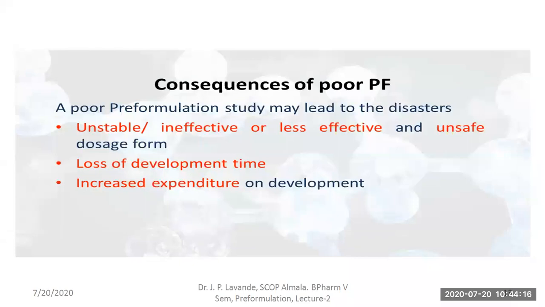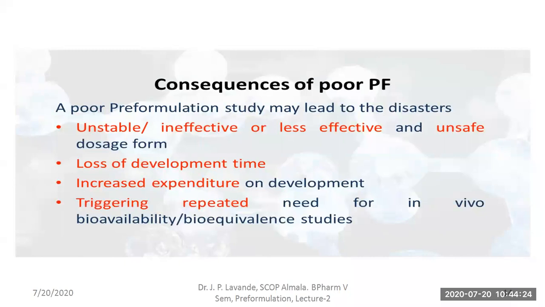And if the expenditure on the development increases, that is directly responsible for increasing the ultimate cost of the product, triggering the repeated need for in vivo bioavailability and bioequivalence studies. Correct. If the pre-formulation fails, the product fails, the dosage form fails. So that will require the repetition of the bioavailability and bioequivalence studies, that is the BABE studies.